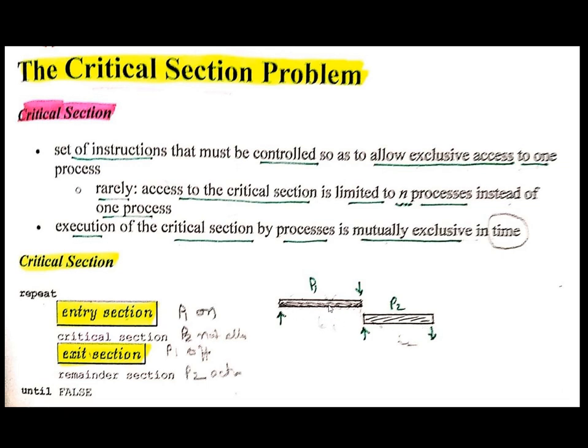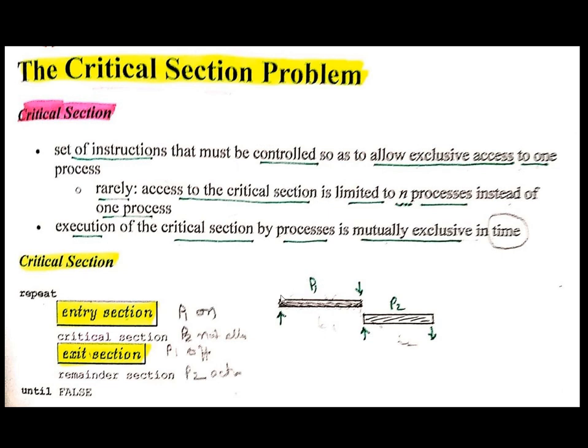When process P1 is running, process P2 cannot start in the same interval. So to isolate process P2 from P1, we have to use certain methods, thereby these critical sections can be put for the process.